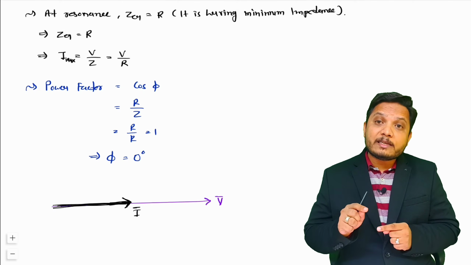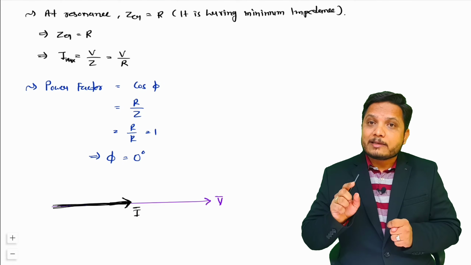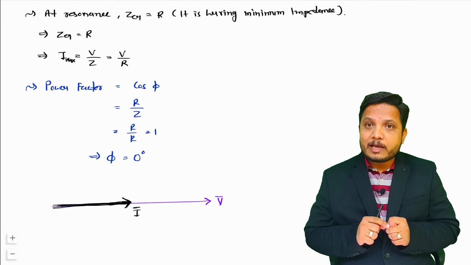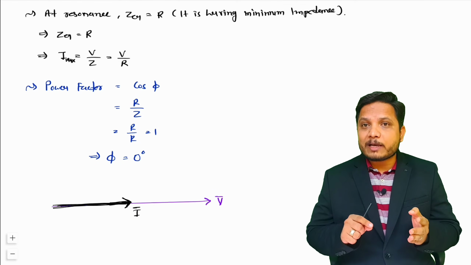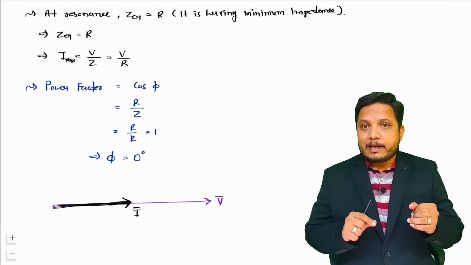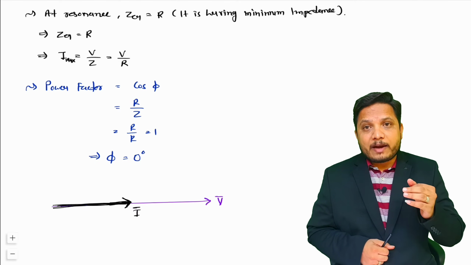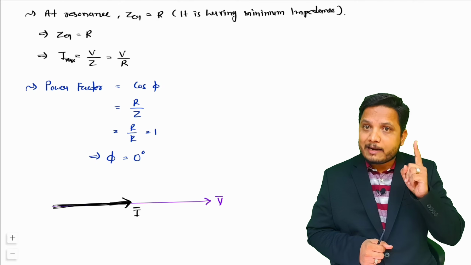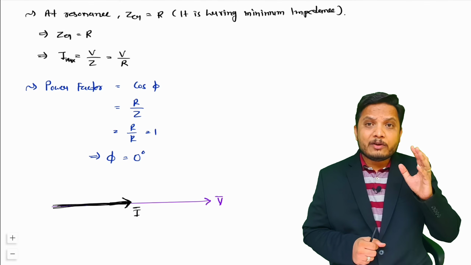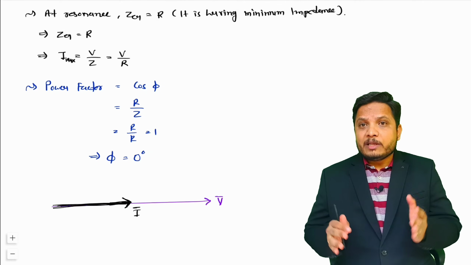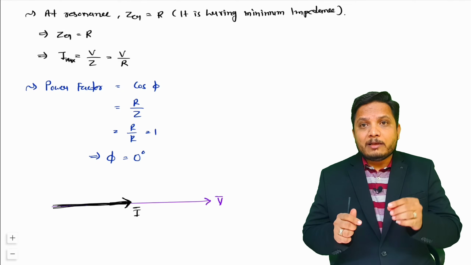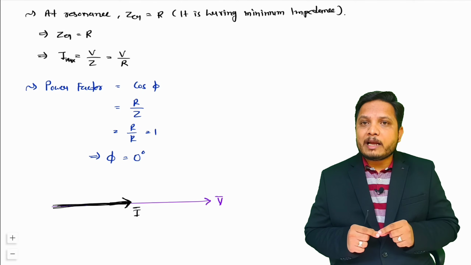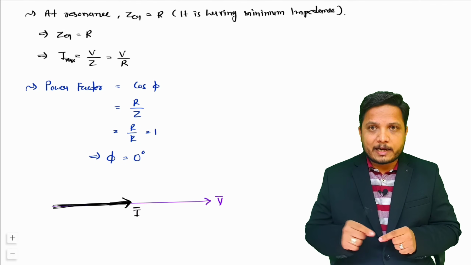At that time, frequency will be 1 by square root of LC. In terms of hertz, it will be 1 by 2 pi square root of LC, right? And here power factor will be 1 at resonance, and with power factor equal to 1, there will be maximum current that will flow in the series circuit.